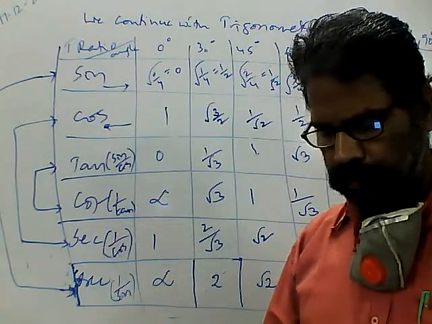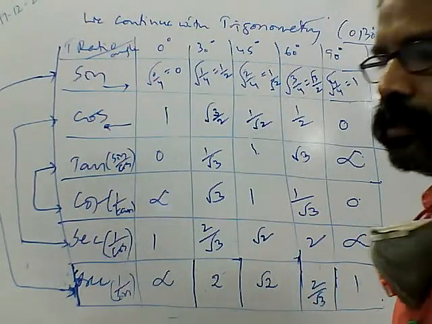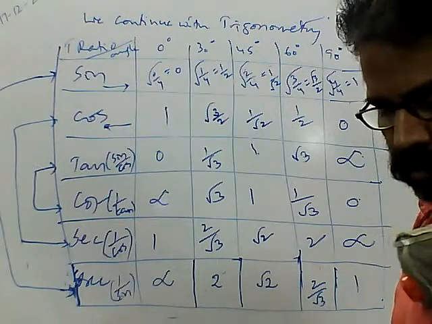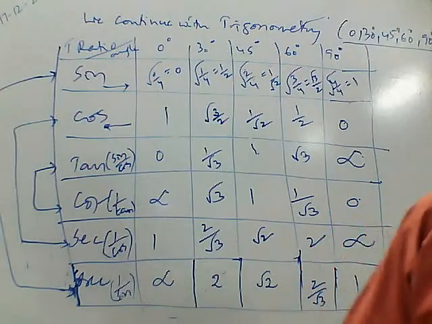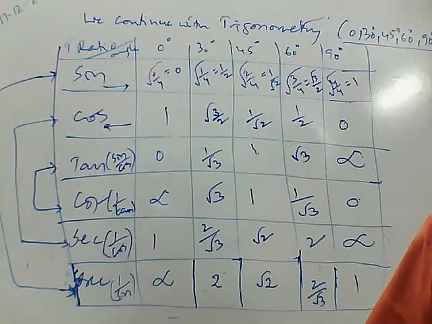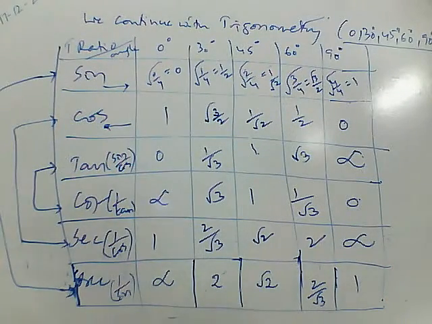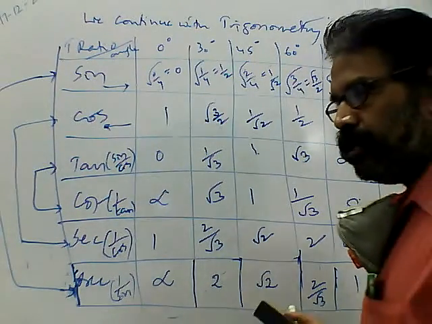Okay, note down. Now we'll discuss the angle 90 degrees derivation for each trigonometric ratio. Noted?